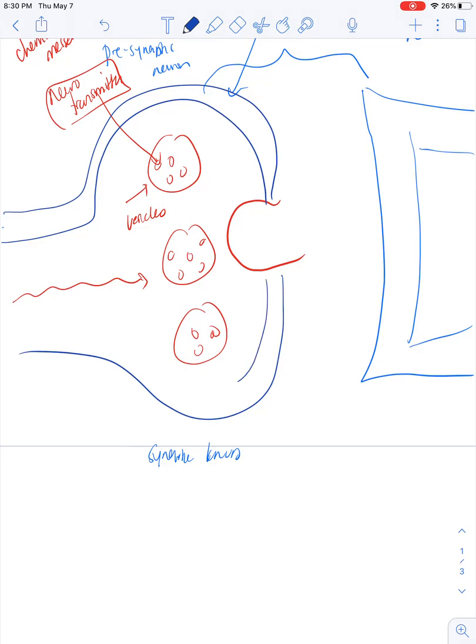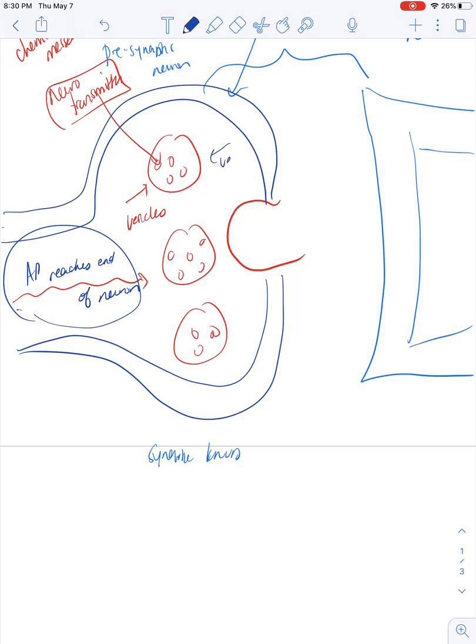The action potential reaches the end of the neuron, and when it does, the vesicles move, they fuse with the membrane of the cell, and they release the neurotransmitter.